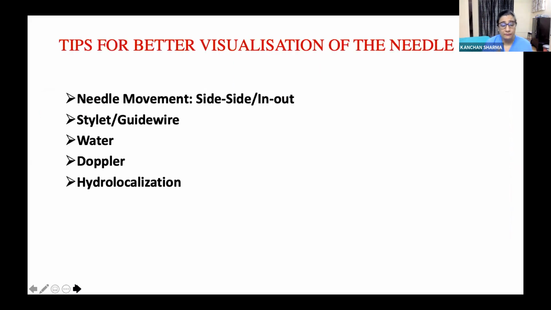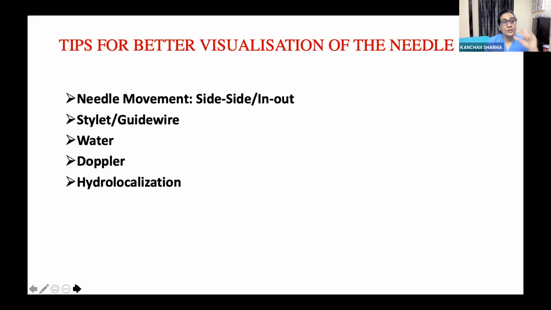Okay. Tips for better visualization of the needle. Supposedly you have put the needle in and you are not able to see it. What you can do is move the needle up and down so that you will be able to see the movement, right? Or you can pass a stylet through it. You can dip the needle in water, and then when you put the needle inside, you will have better visualization.